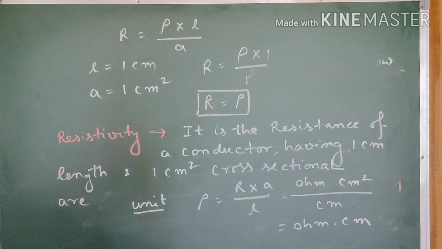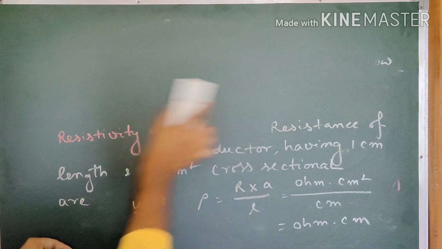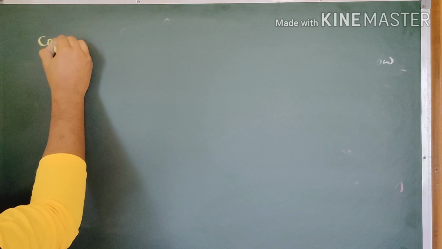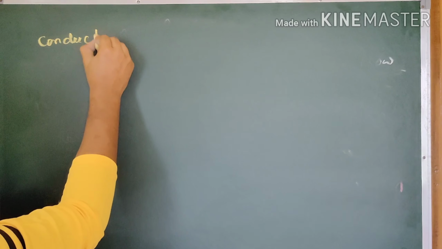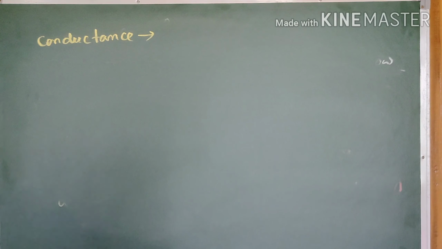Now we will talk about conductance. Next topic is very famous, conductance. So while writing what conductance is, let us first mention that it is a measure of the ease with which the current flows.